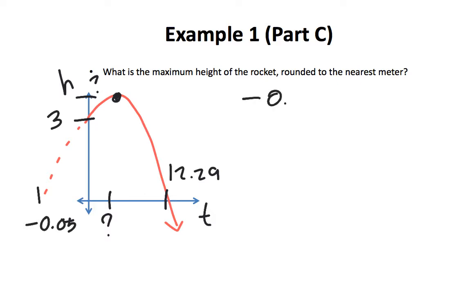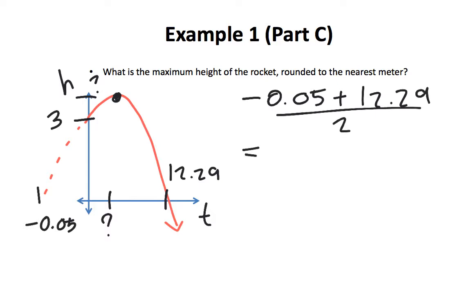So negative 0.05 plus 12.29 divided by 2. So negative 0.05 plus 12.29, you will get 12.24. You're going to divide that by 2. And that should give you 6.12 approximately.